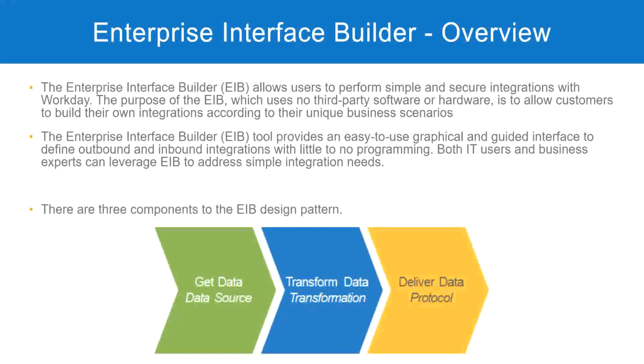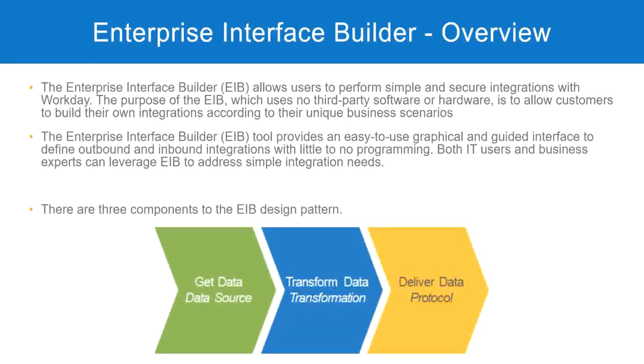The second step would be to modify the data, or translate the data, or transform the data into a format expected by the recipient. Isn't it? That is transform data. The third step will be to send the data to the recipient, or to deliver the data.